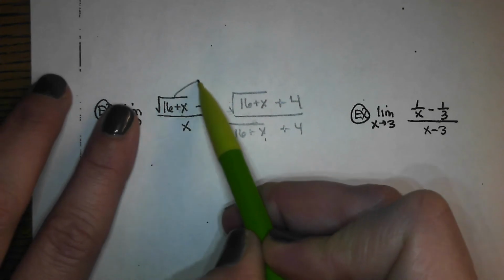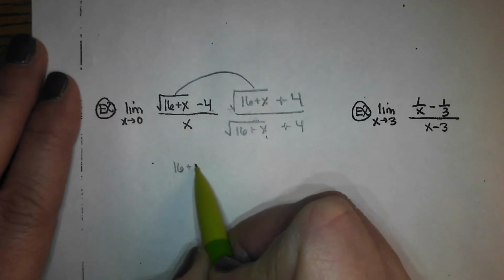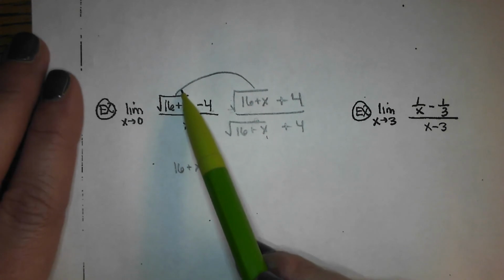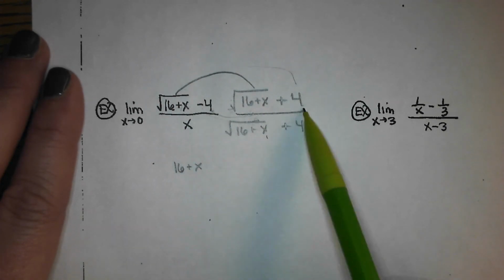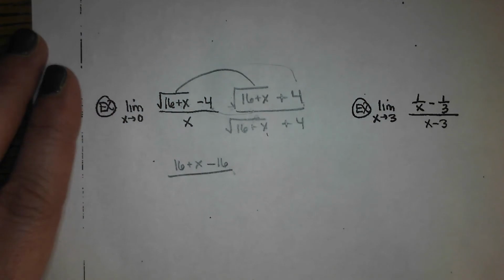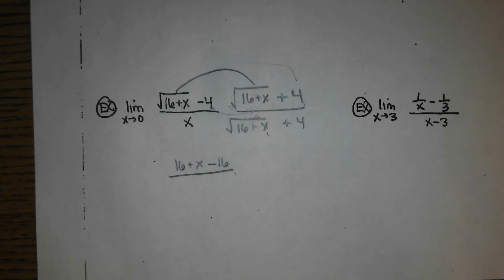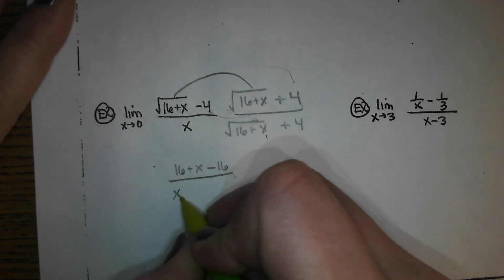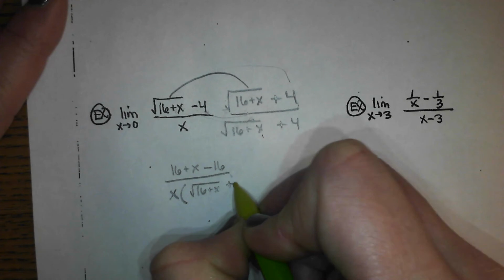When I FOIL, the radical 16 plus x times the radical 16 plus x just becomes 16 plus x. Because they're conjugates, your outer and your inner will cancel, and your last 2 terms will be minus 16. And in my denominator, this is not what I was attempting to rationalize, so I'm going to leave it as x times the conjugate without actually doing it out.